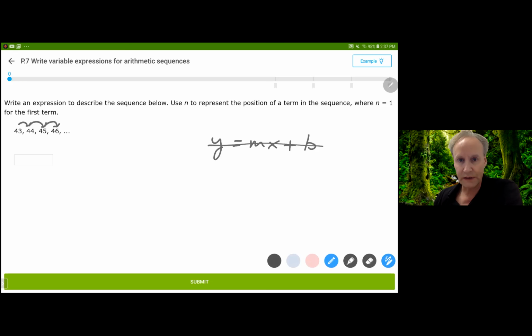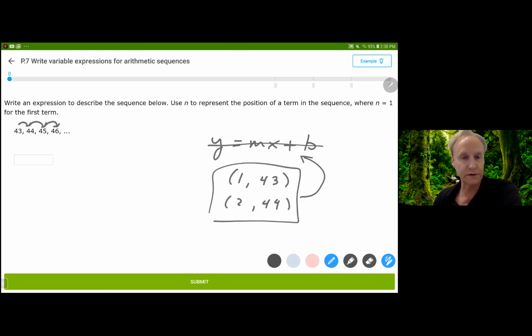So we really don't need this equation, but we could, if we wanted to, think of this as 1, 43 and 2, 44 and 3, 45 and so on. And we could use these 2 points to get this equation, which is really what they're looking for.